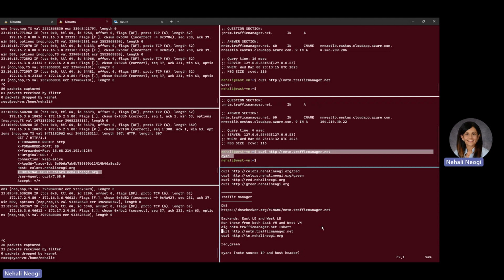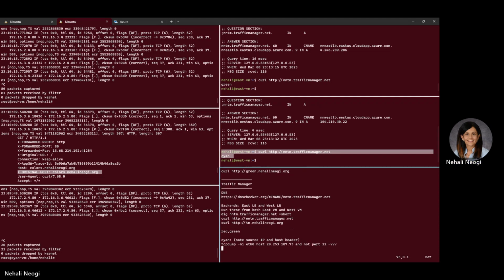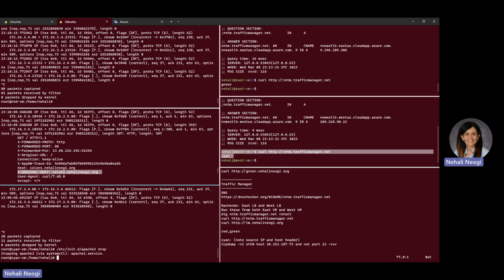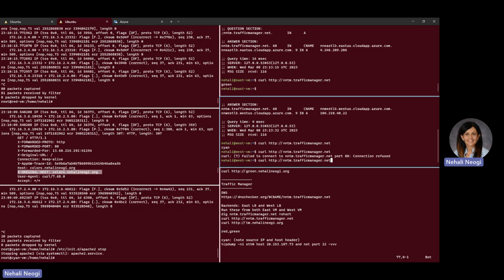Now, if I stop Apache on this one, you will notice that if I have the TTL cached for a long time, on my West VM I will get the failed connection.